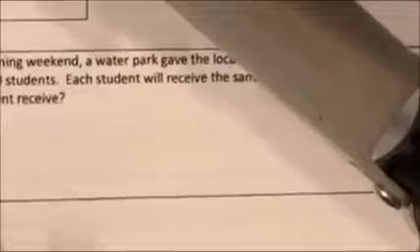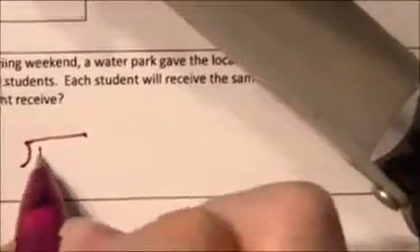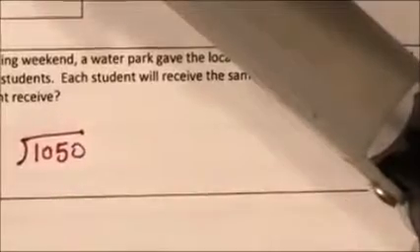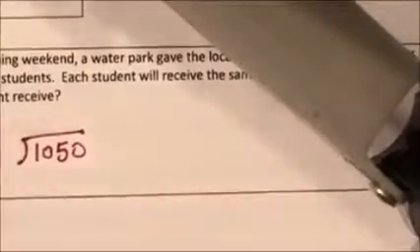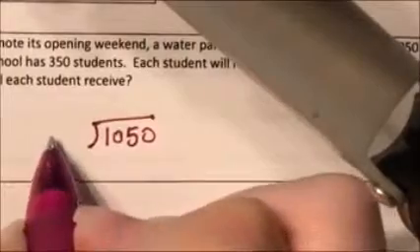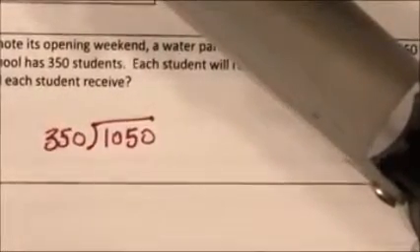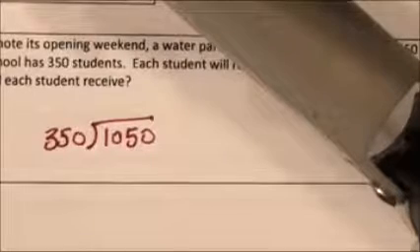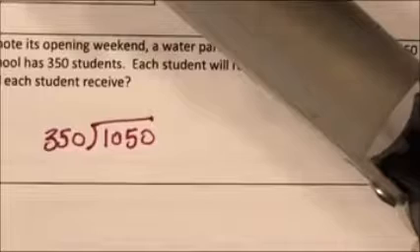I'm going to take the number of tickets that they gave, 1,050, and I'm going to divide it by the number of students that are at the middle school. So 1,050 is my dividend, and 350 is my divisor, okay? So then I'm going to try to figure out how many times 350 can go into 1,050.